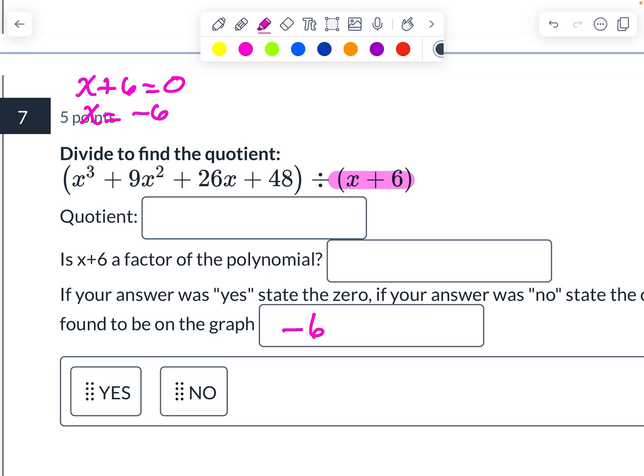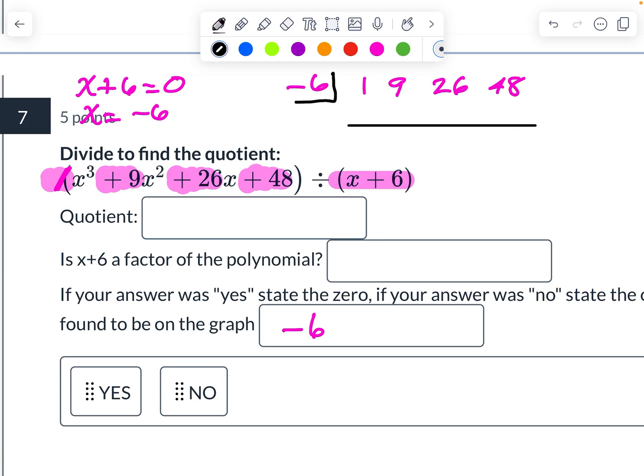I am then going to look at my coefficients of my variables and my constant, and I'm going to do synthetic division. And I'm going to say -6 goes in the box. And 1, because if you don't see the number here, it's a 1. And 9, and 26, and 48.